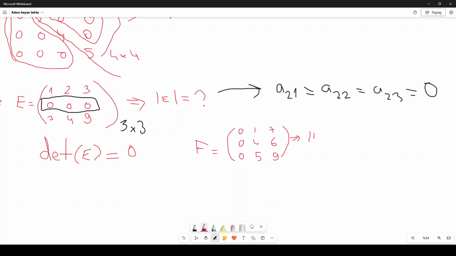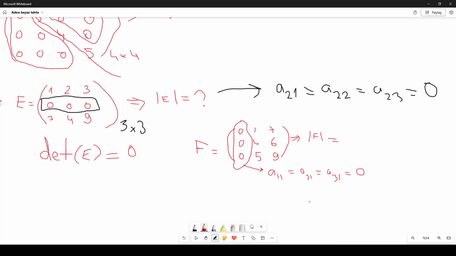If we are asked to find the determinant of matrix F, we notice that the first column is a 0 column because all the entries in the first column are equal to 0. That means, in terms of the components, A11 is equal to A21 is equal to A31 is equal to 0.